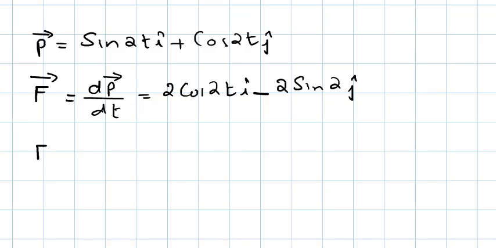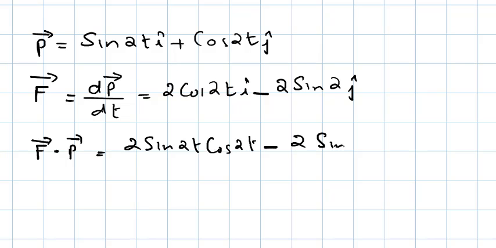If you take a dot product of F and P, you can see that the first term is 2 sin 2t cos 2t, the second term is minus 2 sin 2t cos 2t, and that is equal to 0. If the dot product is 0, that means force is perpendicular to momentum.